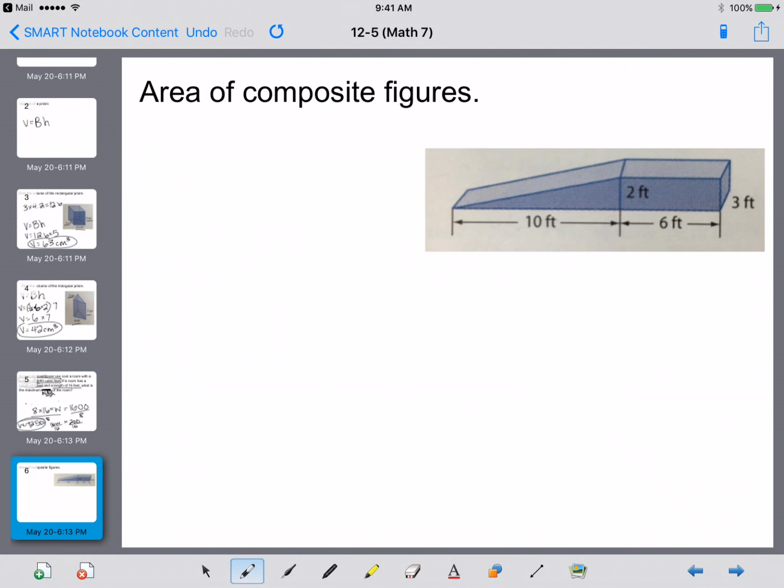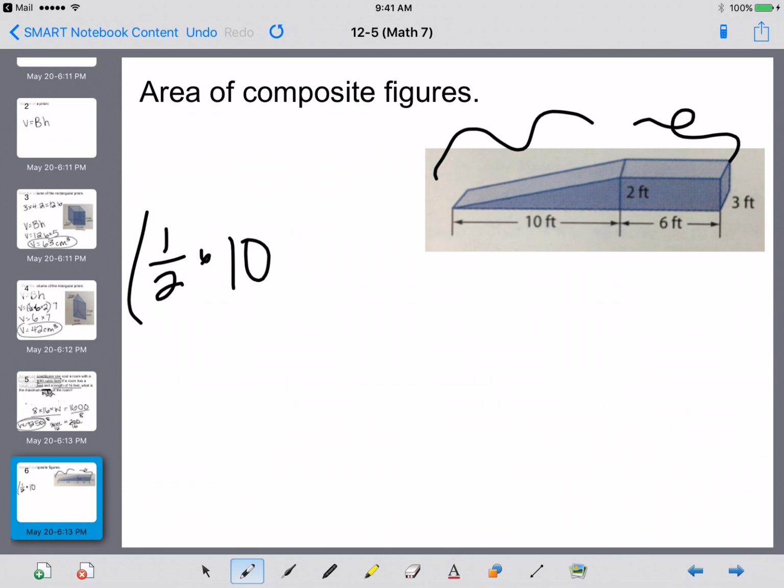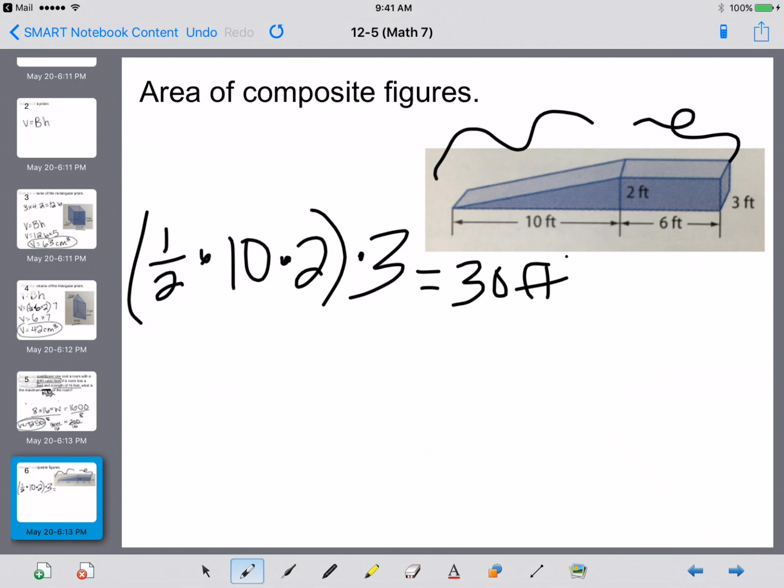And finally, we're going over the volume of composite figures. So just like when you were finding out the area when it was just 2D, it's the same thing. So you pick the 2 shapes that you can figure out. So I'm seeing a rectangle here and a triangle here. Our triangle's volume would be 1/2 times 10 times 2, and then times 3 to get us a volume of 30 feet cubed.